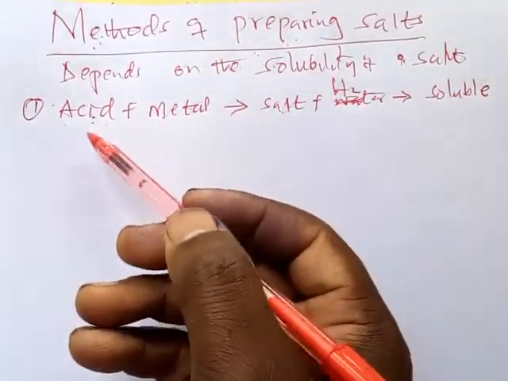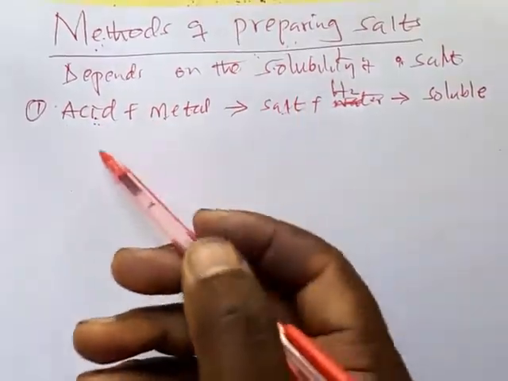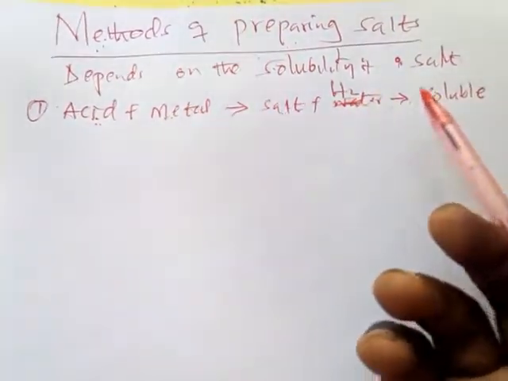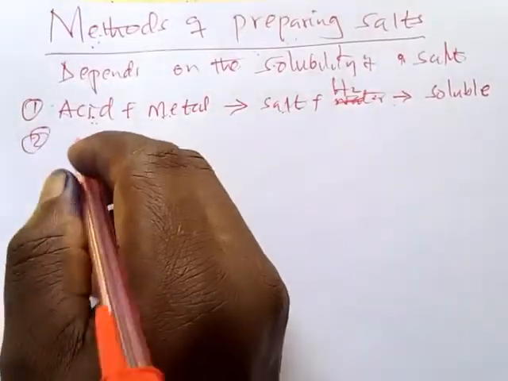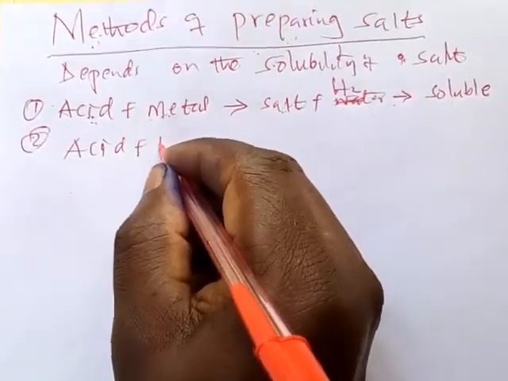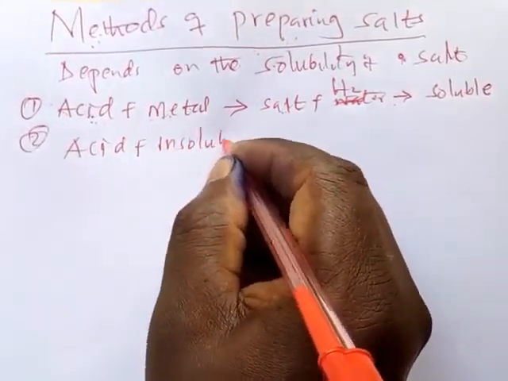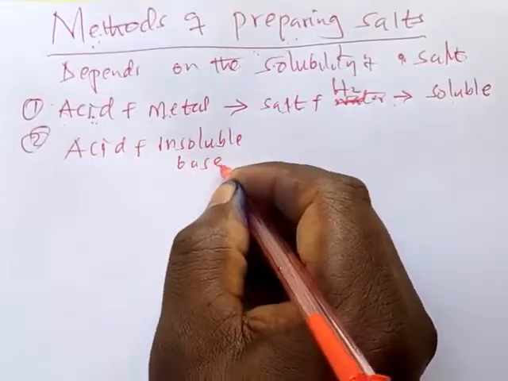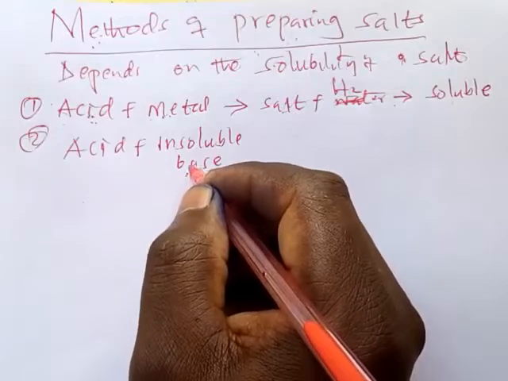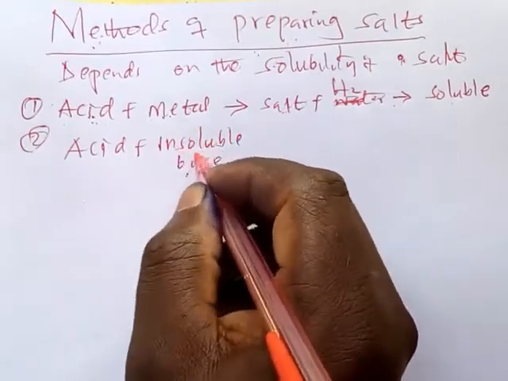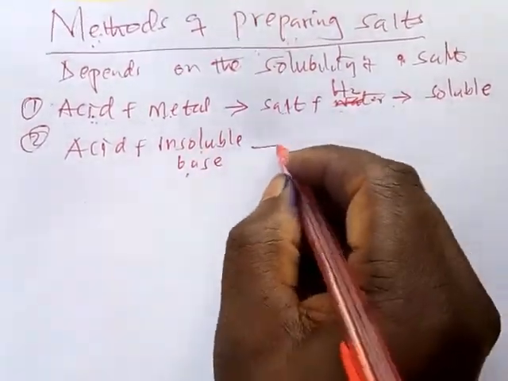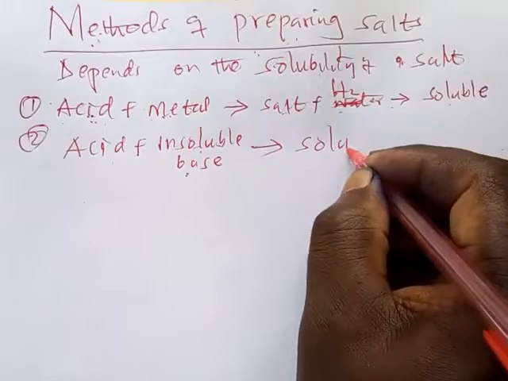I can prepare magnesium chloride, I can prepare zinc chloride here directly, because those are soluble salts. Method number 2 is acid plus insoluble base. Insoluble bases are magnesium oxide, copper 2 oxide, lead 2 oxide. So those are insoluble bases. We will form a salt plus water, and the salts formed here are soluble.